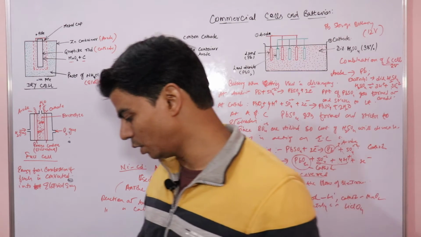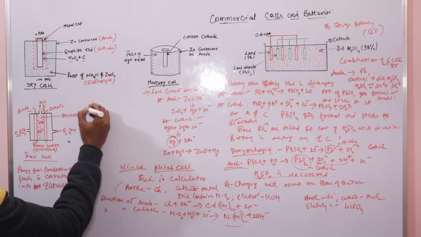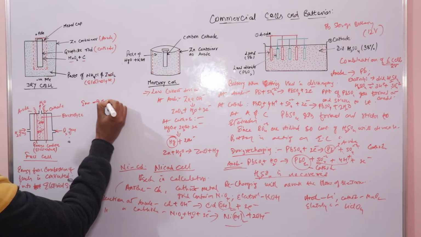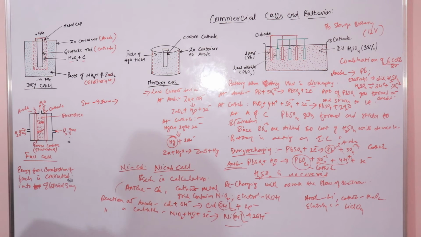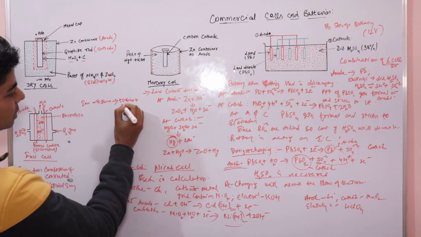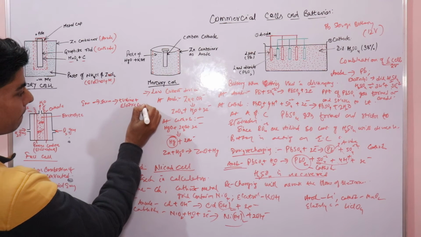In the old days, what we used to do is, this energy from the combustion of fuels is used to make steam, and this steam is used to run turbines. This turbine is connected to electric generators.